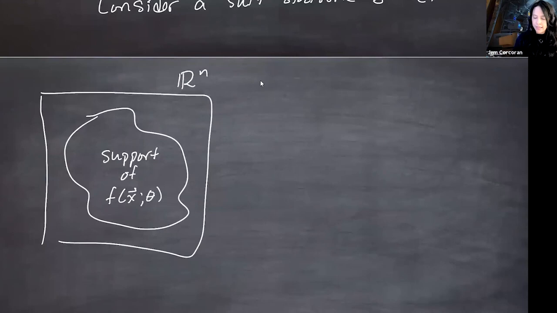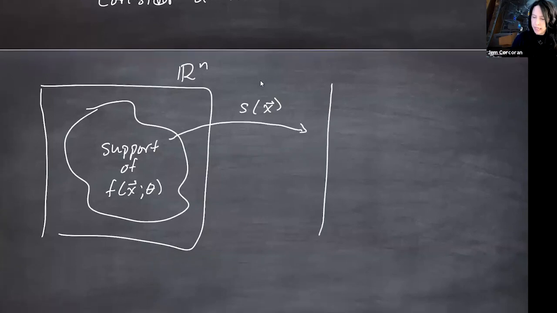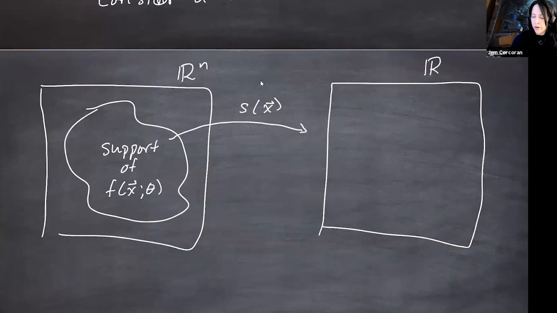So if I take the support of f and I put it through that function, little s of x, then I will get the image of that function. So this is going to be in some space. It's going to be maybe R or R^k.